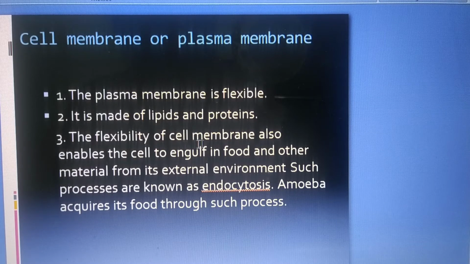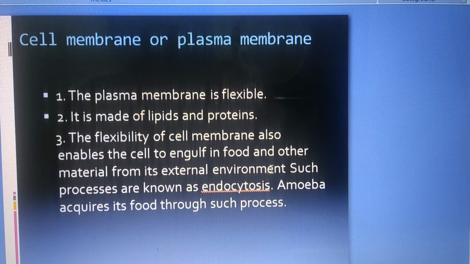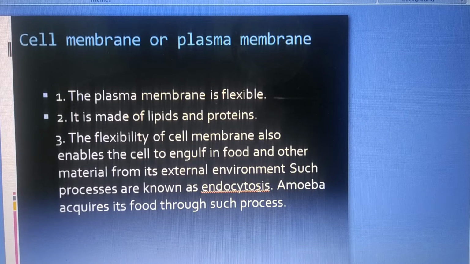The flexibility of the cell membrane in some cells is more, so that it can develop pseudopodia, like in amoeba. It can take in food, that is, engulf food and other materials from its external environment. That process of taking in food or other materials from outside into the cell is called endocytosis.